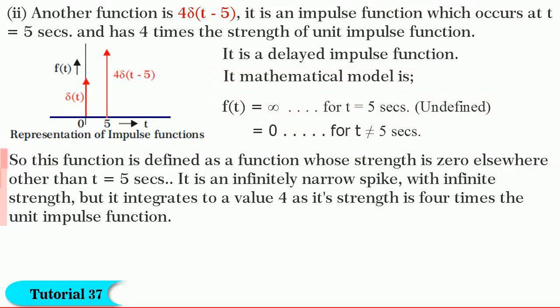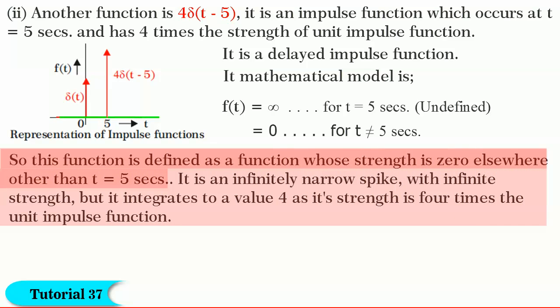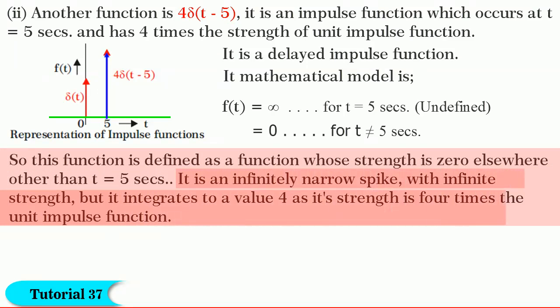So, this function can be defined as a function whose strength is 0 elsewhere other than t is equal to 5 seconds. It is an infinitely narrow spike with infinite strength, but it integrates to a value 4 as it has strength of 4 times the unit impulse function.